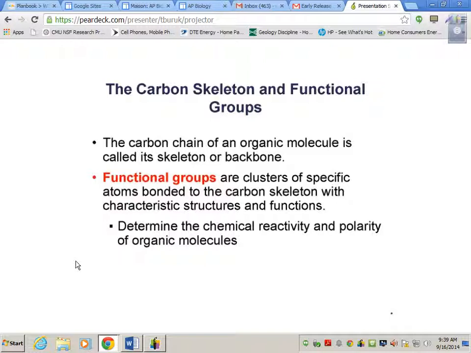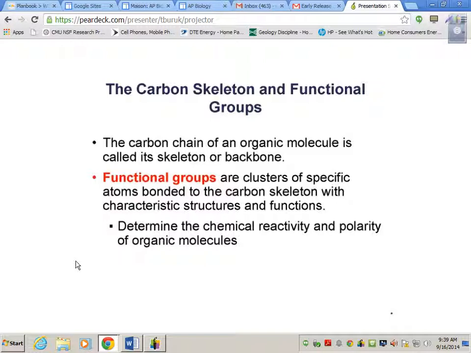And then the functional groups are going to be clusters of specific atoms bonded to the carbon skeleton with characteristics, structures, and function. And it's the functional groups which give that particular molecule its functioning attribute, or what it actually is. There are 20 different amino acids. How many functional groups are there for amino acids? 20, because every time I change a functional group, it becomes a new amino acid.